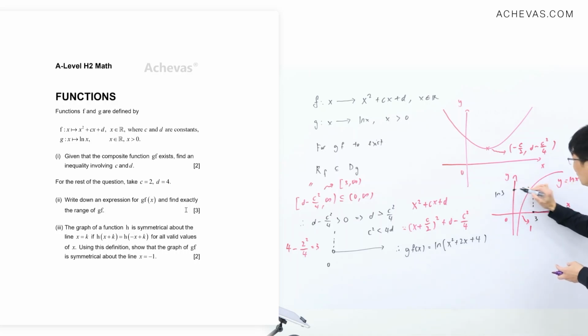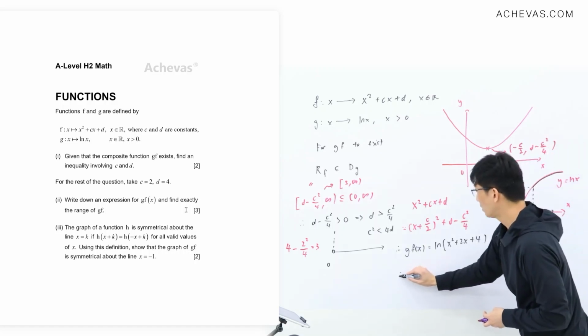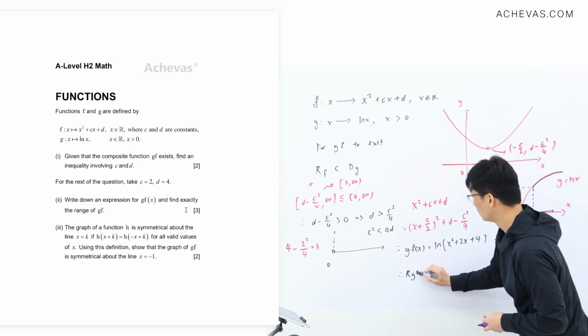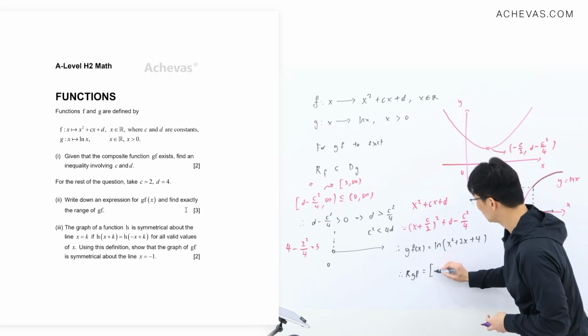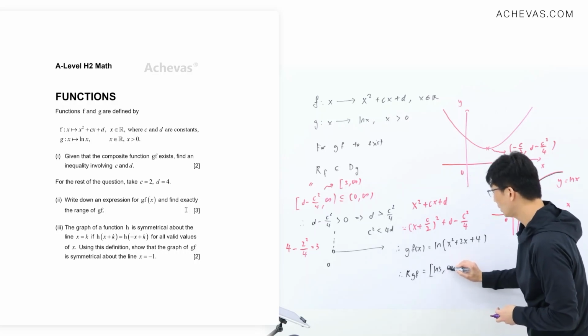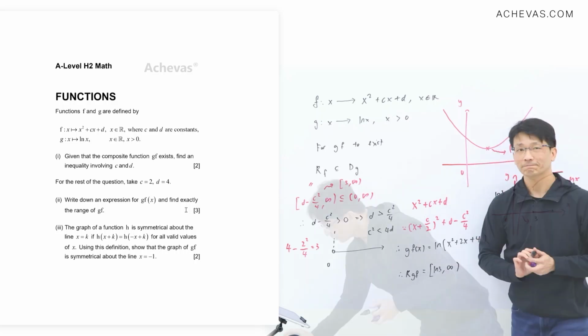This is inclusive. The part of the graph I want to analyze will be this particular region here. From here, I can just observe that the range of this composite function will just be from ln 3 to infinity. Therefore, the range of the composite function will just be from ln 3 inclusive all the way to infinity.